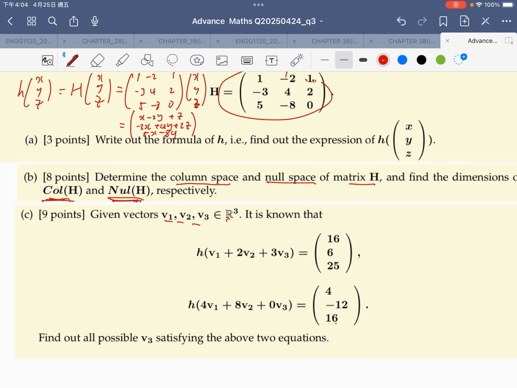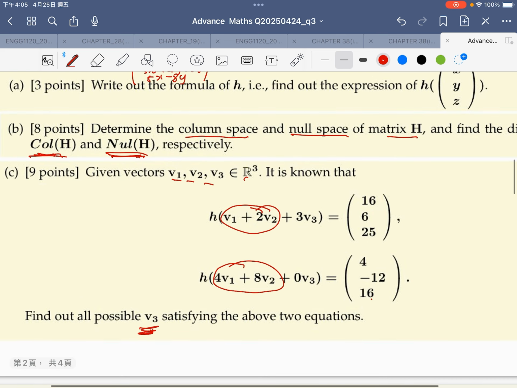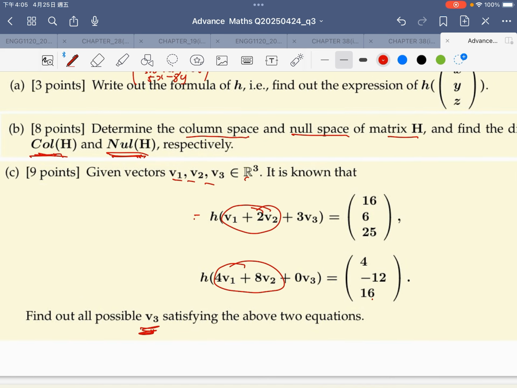We can observe that the question is to find V3, and these are multiples, and also H has the property of linear combination. Therefore, I can write H V1 plus 2 H V2 plus 3 H V3.